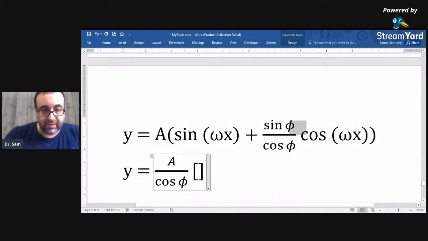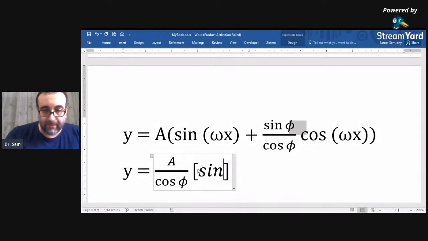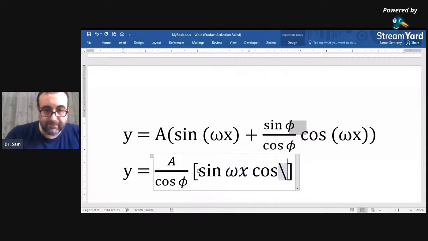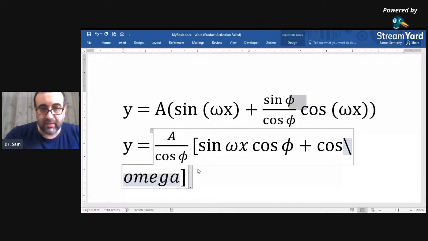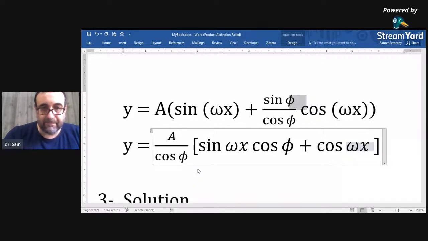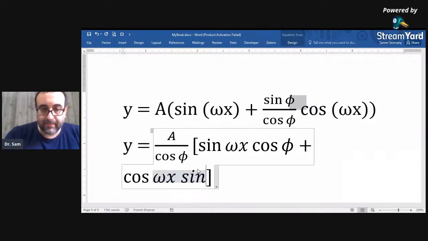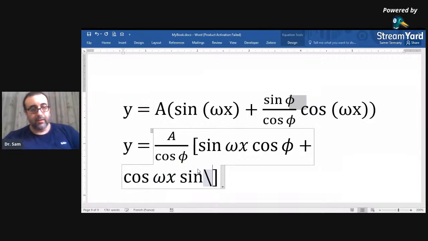So I have sine omega x times cosine phi plus sine phi cosine omega x.